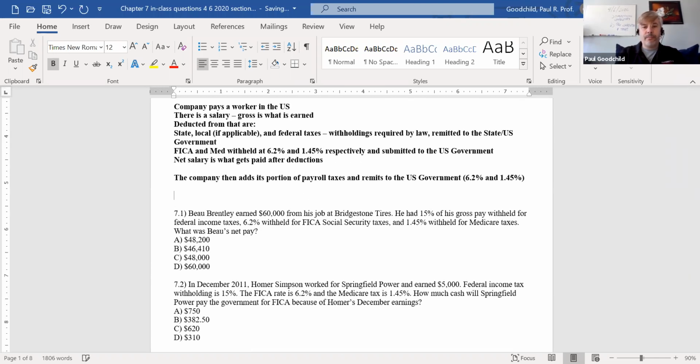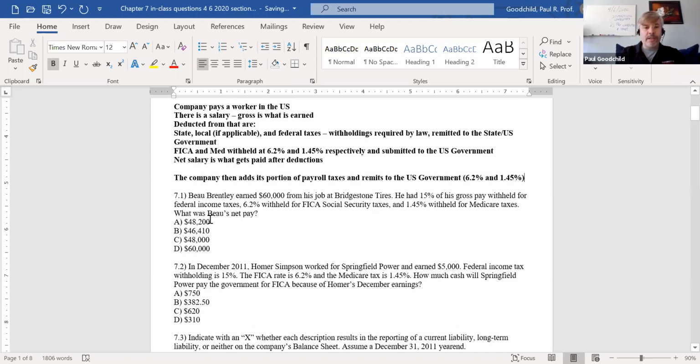So we have an example below. It says he earned $60,000 from his job. And so this $60,000 would be his gross salary.